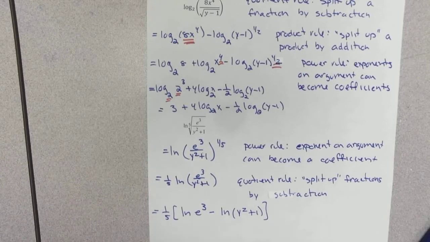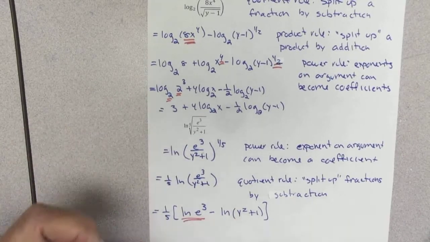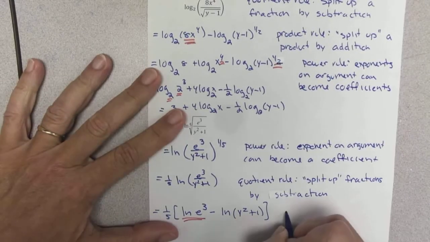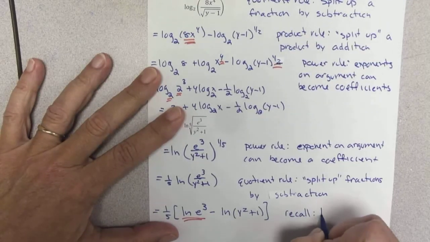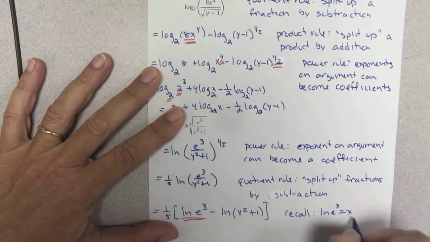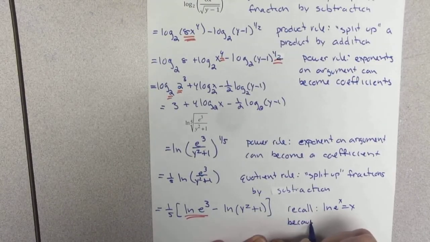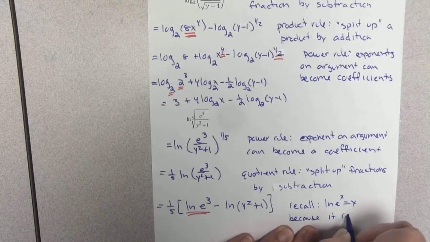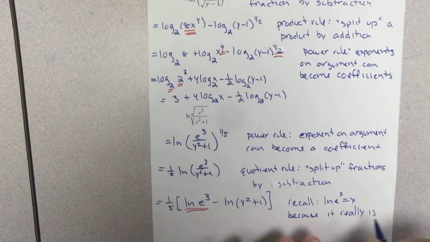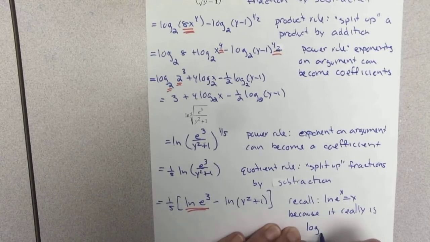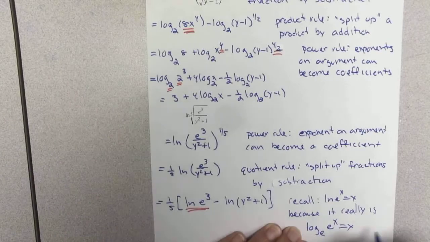Then the last thing I can do is right here, when we recall that the natural log of e to the x is x, because it really is log base e of e to the x equals x.